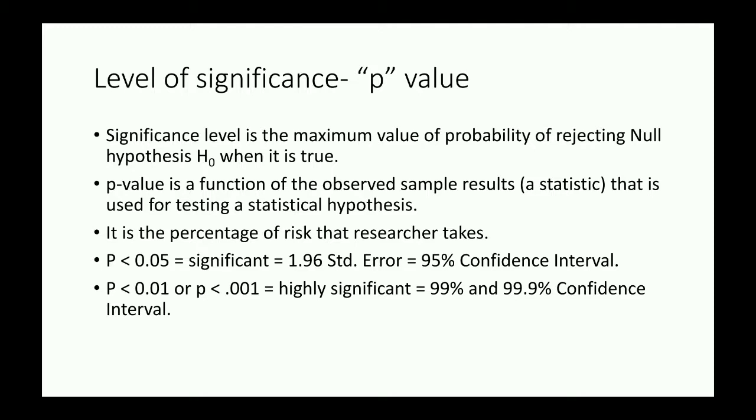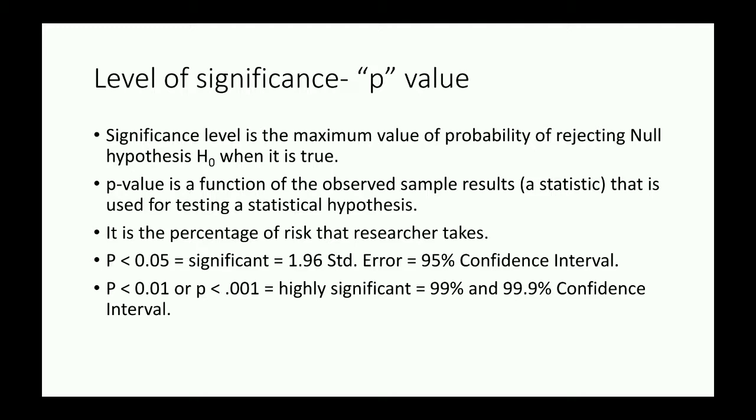Whatever observed sample results you have got, you are using that for testing the statistical hypothesis. Or in another simple language, you can say it is the percentage of risk that the researcher takes. So whatever results you are getting, the percentage of possibility that you are interpreting it wrongly can be understood as level of significance.